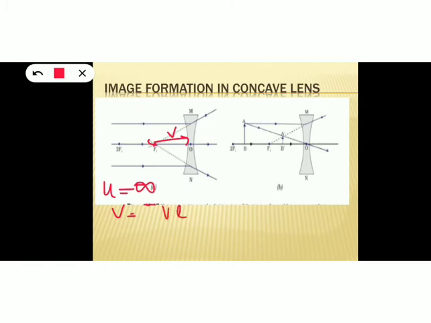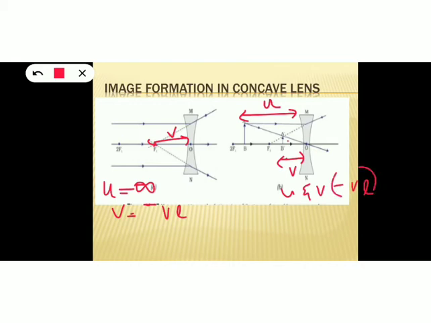Now consider this diagram. Here, this is our object AB, and this is image A dash B dash. So this is V. Both U and V are situated to the left side of the optical center. So both U and V are taken as negative.